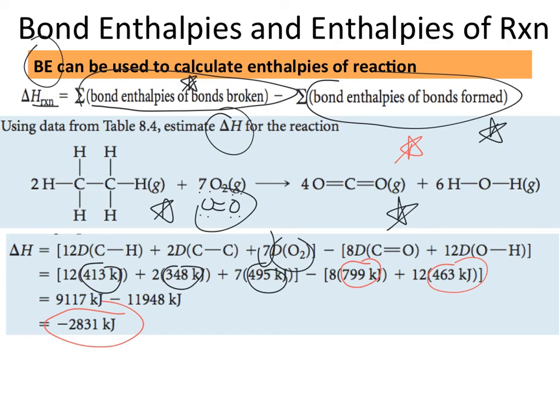I want to make sure that I'm stressing that not all bonds are comparable. When you're looking at these types of calculations and you're looking at the formulas and the structures, you must be able to write correct Lewis structures in order to figure out the correct bond enthalpy values to plug into these equations. If you have no idea what kind of bonds are occurring, you're not going to be able to do this type of calculation. Why?